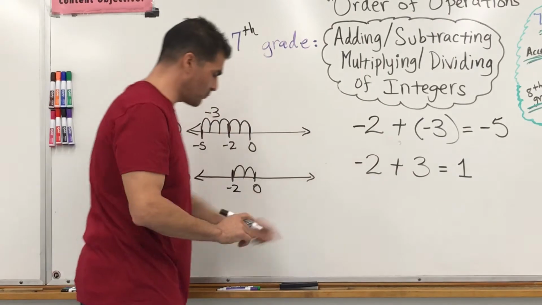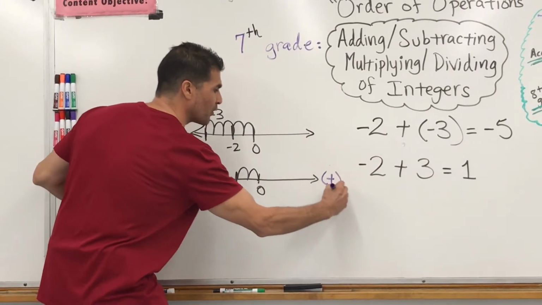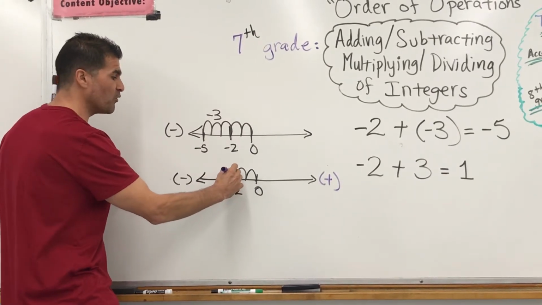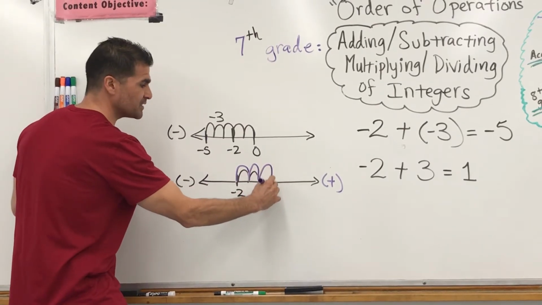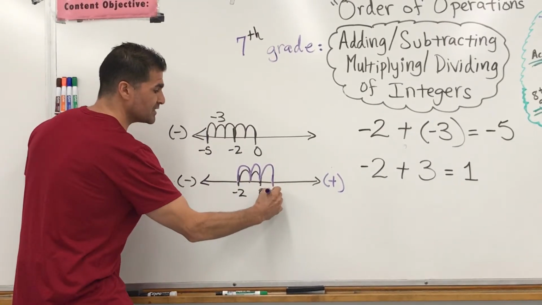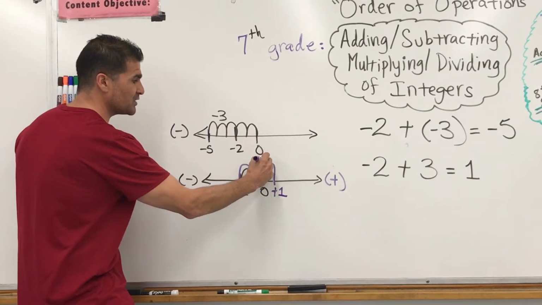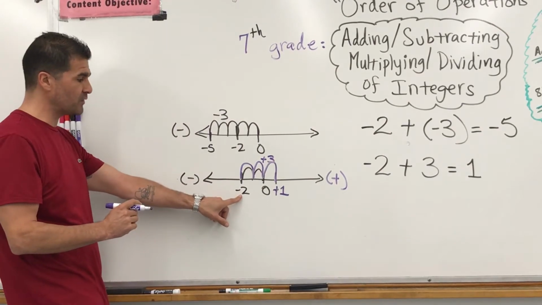But now you're going to move in a positive direction. Your positive numbers are on the right. So you start with your -2, and you move 1, 2, 3 spaces to the right. This takes you to +1, because you had to move 3 spaces to the right starting at -2.